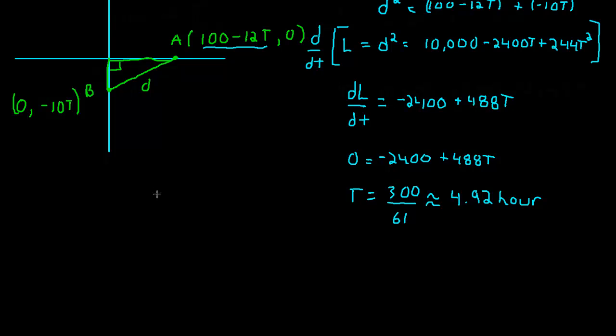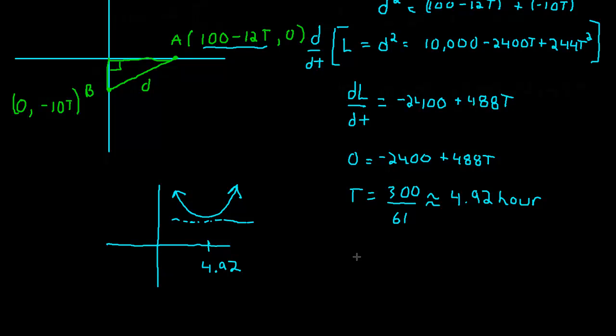I have no idea where this thing actually lives, but it's going to do something like that. And this is the value that we just found most likely. We probably just found this guy right here where there's a horizontal tangent line. So you can kind of reason that way.